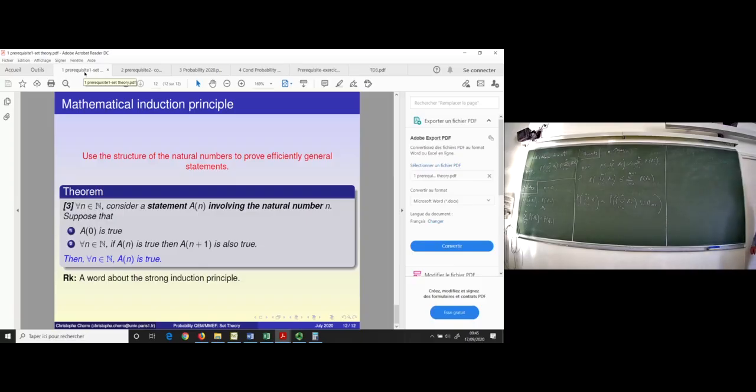I separate my union from 0 to n plus 1 into the union from 0 to n and the last set, that is A(n+1). So it means that I have two sets now.